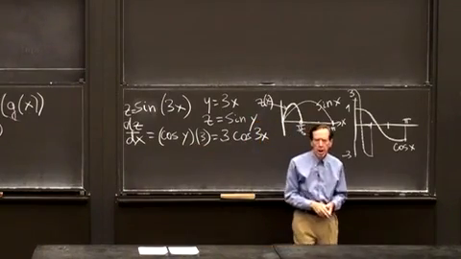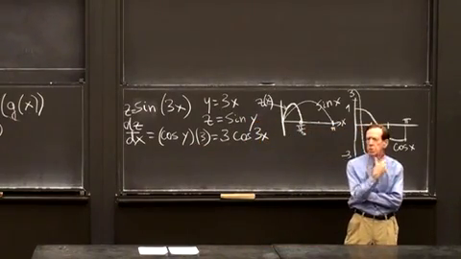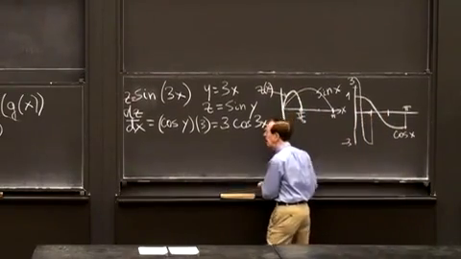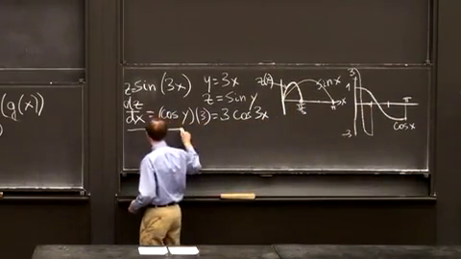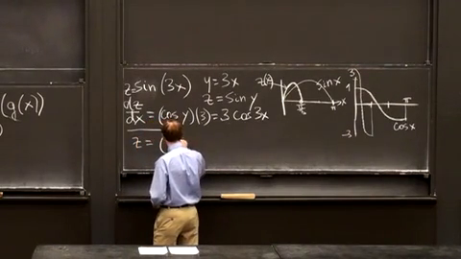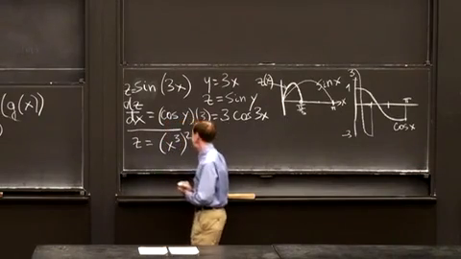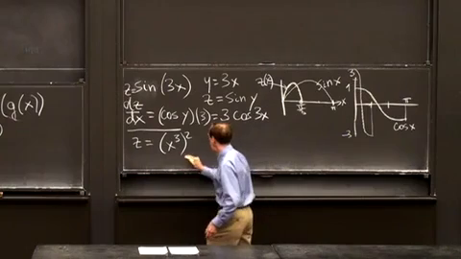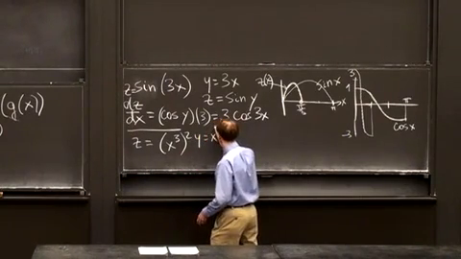Okay. Let me do 2 or 3 more examples, just so you see it. All right. Let's take an easy one. Suppose z is x cubed squared. Here's the inside function: y is x cubed.